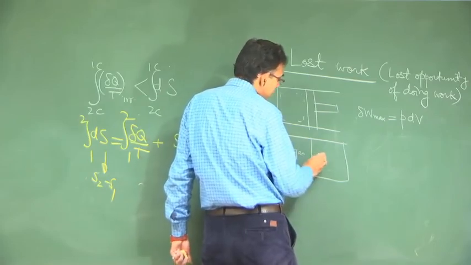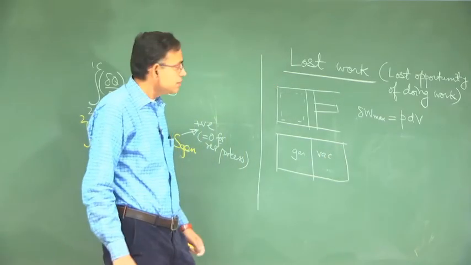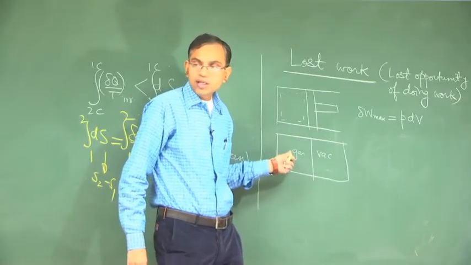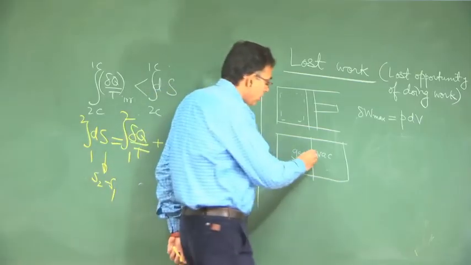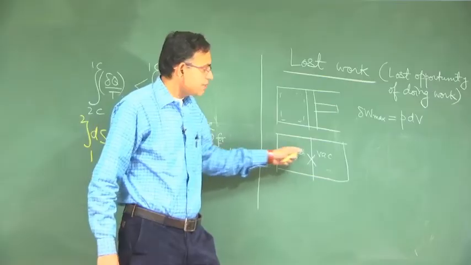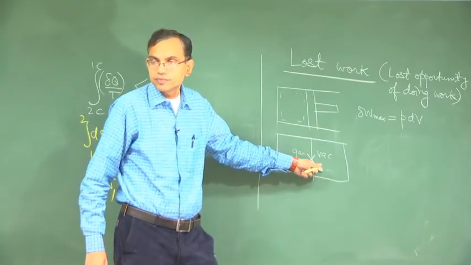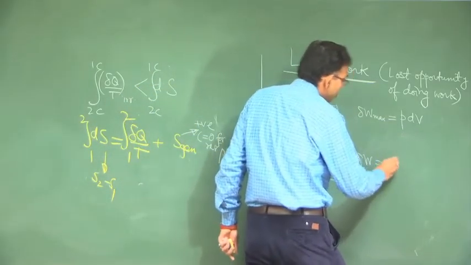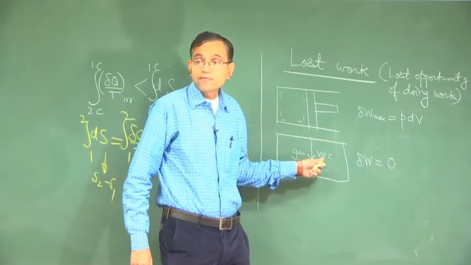On one side there is gas, another side there is vacuum, right. So, before the process starts, both of these hold the same potential of doing work, but if you now puncture this membrane, then this gas fills up this entire volume and no work is done. So, here delta W is equal to 0, because it is free expansion.